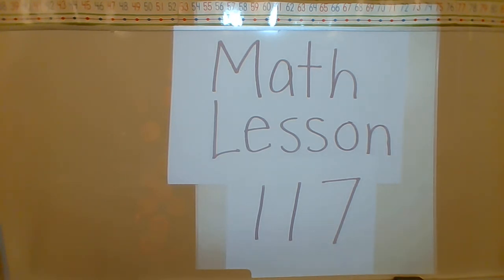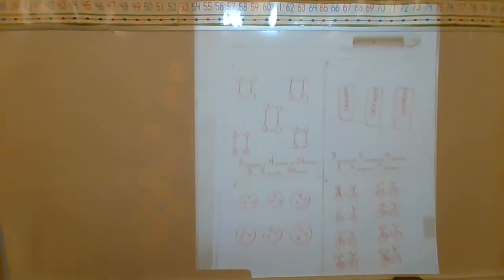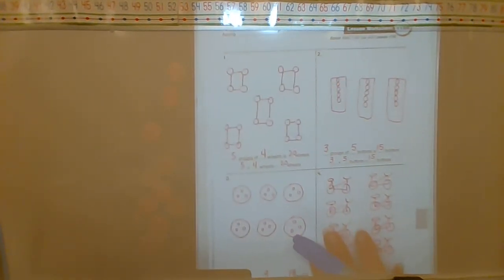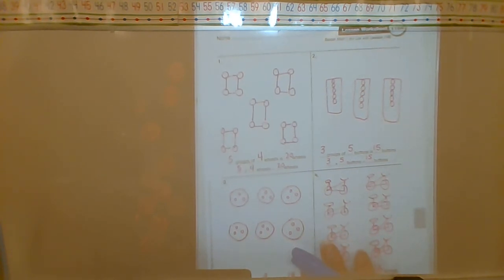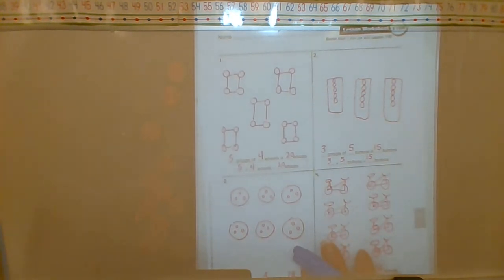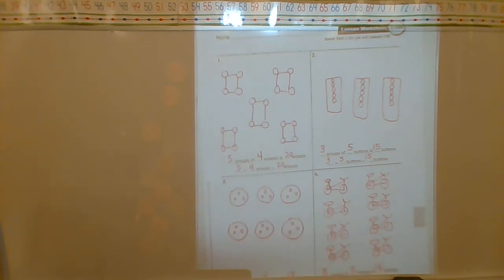So if you remember, and actually this is mostly just going to be listening, as I remind you, when we worked on this page in lesson 116, we were drawing the pictures for equal group stories.